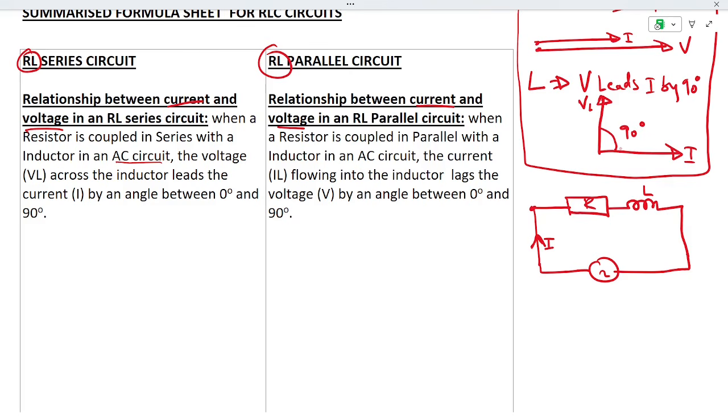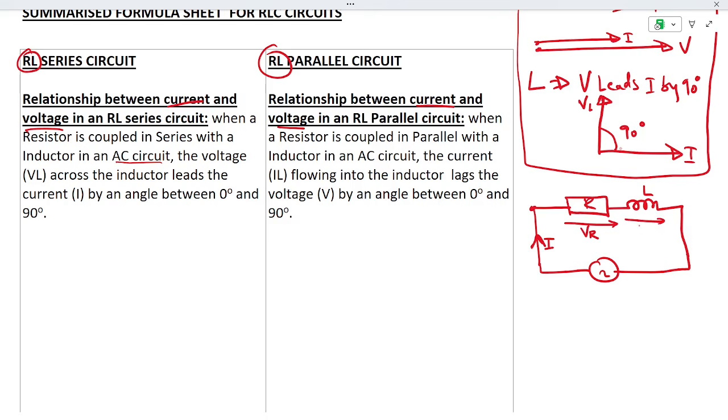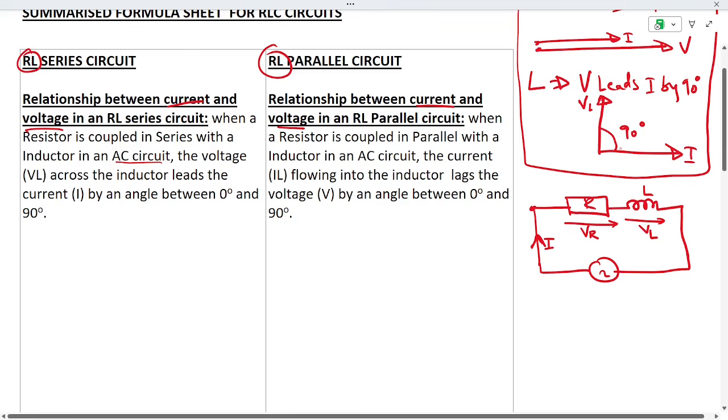We know that in a series circuit, current remains the same, but there is a different potential drop across each component. A resistor is going to have a voltage across it, and an inductor is going to have a voltage across it. So VR is going to be there, VL is going to be there, but the current is going to remain the same.